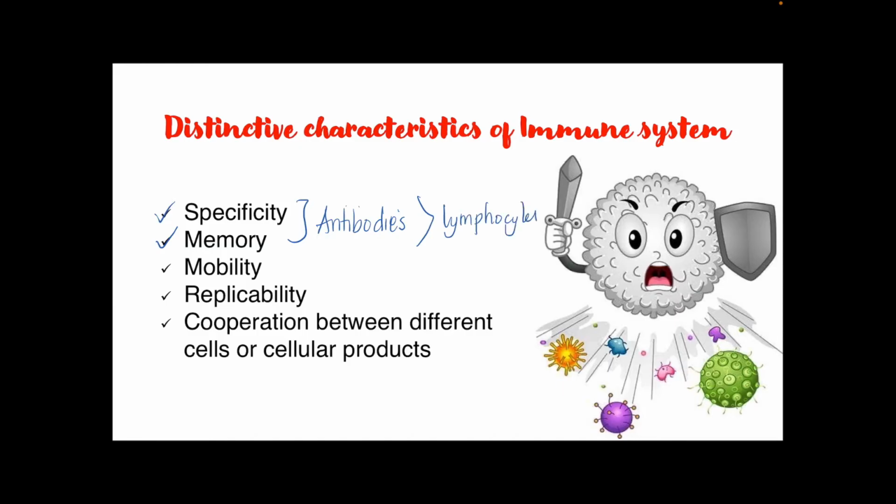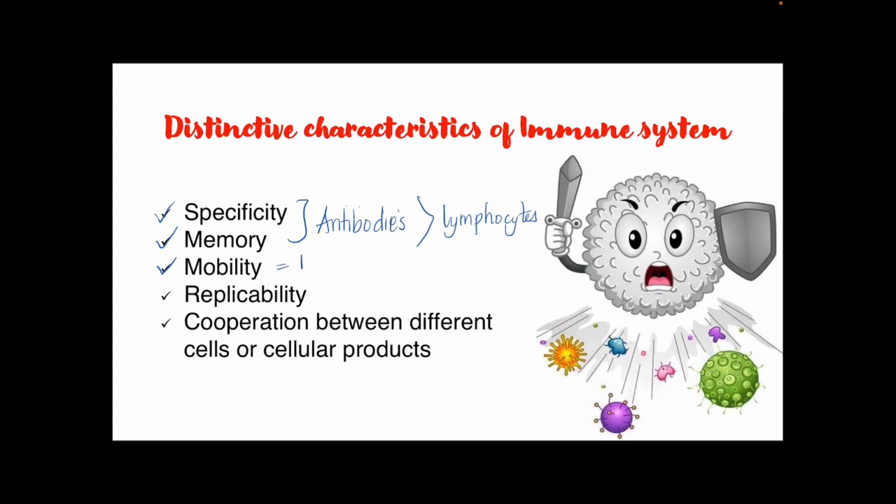Also, the various specific and non-specific elements of the immune system can demonstrate mobility. That is the reason why sometimes local sensitization, like an insect bite, could result in systemic sensitization, because the cells of the immune system have this mobility.